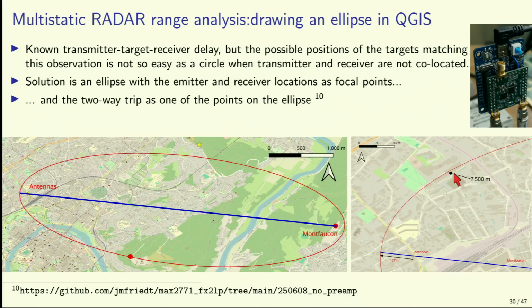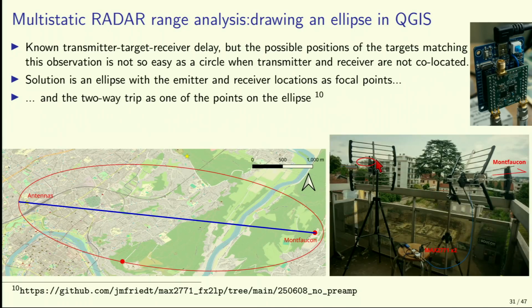And I assume maybe one target is a large building located from my apartment about 500 meters away. But the bistatic range is 137 meters. Why do I say this? Because when I look from my balcony, I have here a big reflector. So you see that interpreting the time domain delays into spatial domain information is not so obvious.